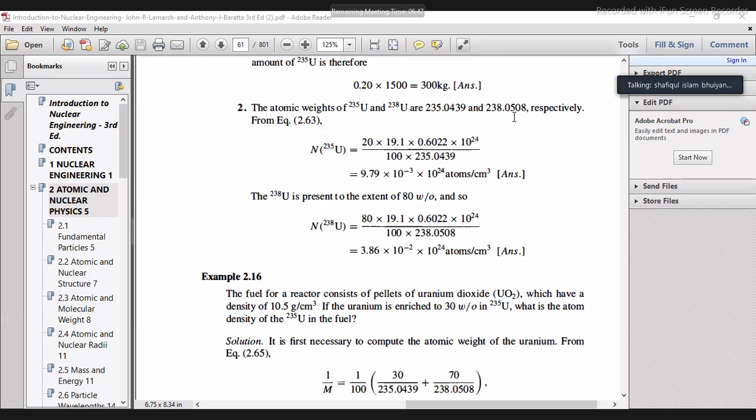Step 2 done, and this is step 3: the weight percent of the uranium in uranium dioxide.